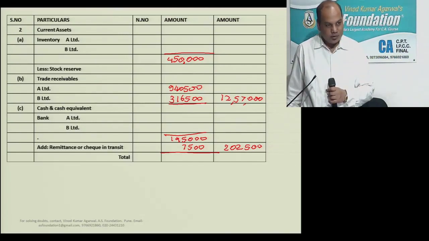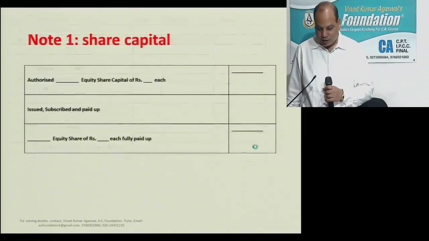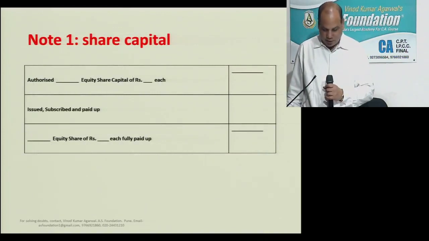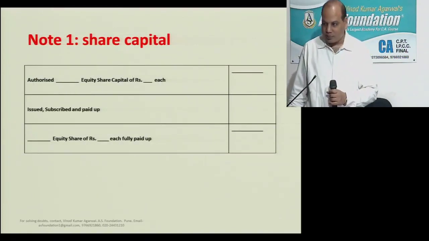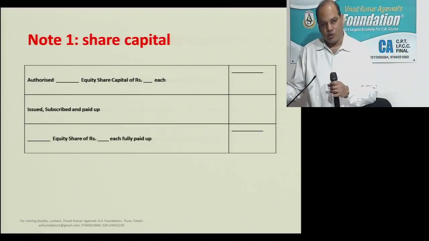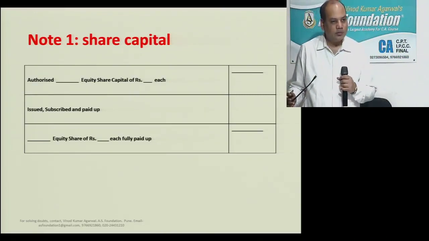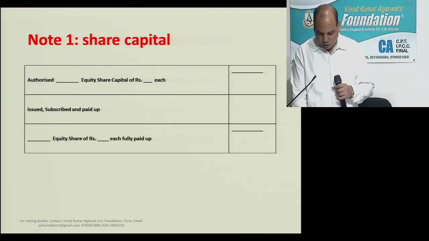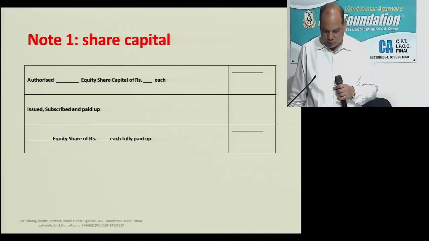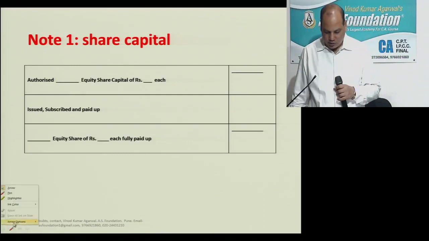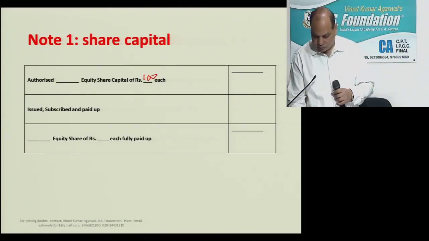Asset side is over. Liability side, note number 1, share capital. Holding company share capital always in note number 1. And always the first line will be authorized equity share of rupees 100 each, issued, subscribed and paid up.